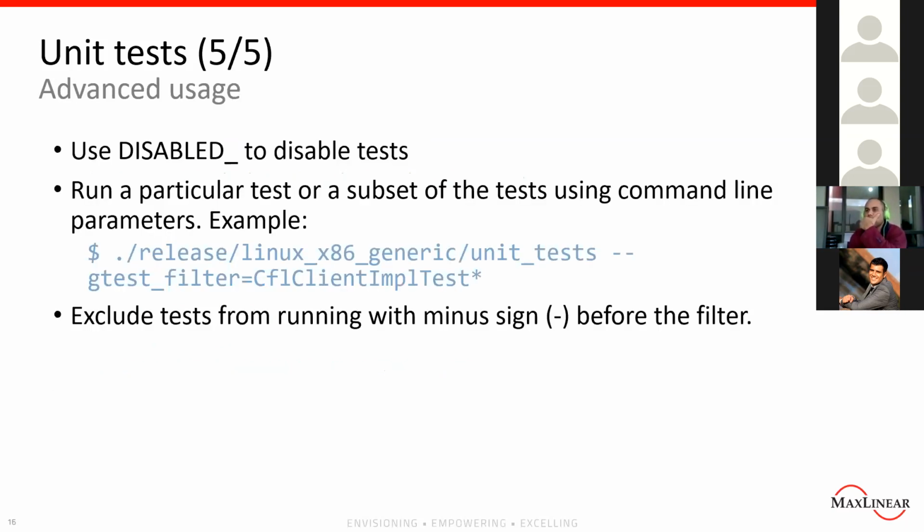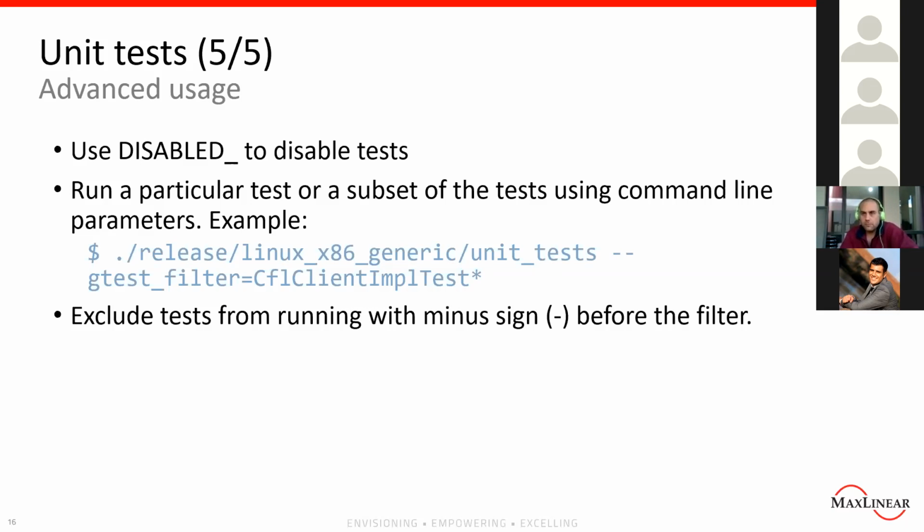This is for advanced usage of the Google Test framework. This is one of the advantages of using a framework to run the tests. The advantage is that we have some features for free.